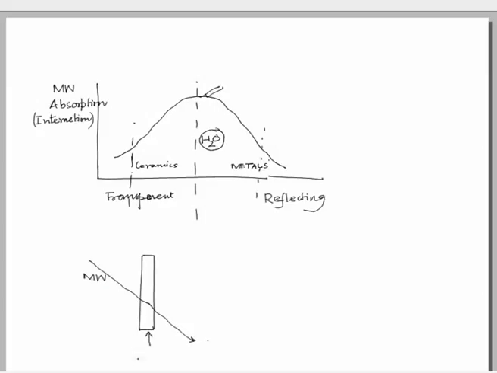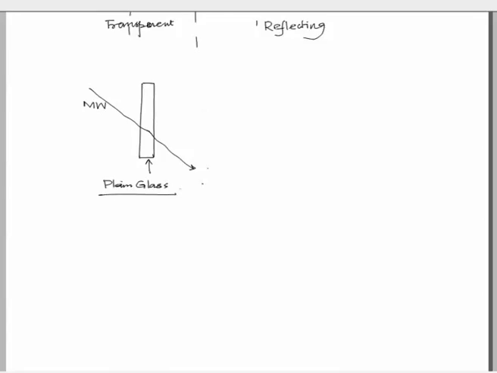Say this is a plain glass, and the energy is coming and going out. That means there is no absorption of energy.